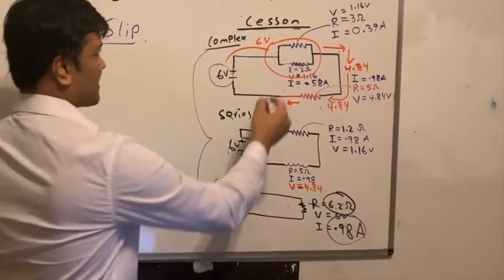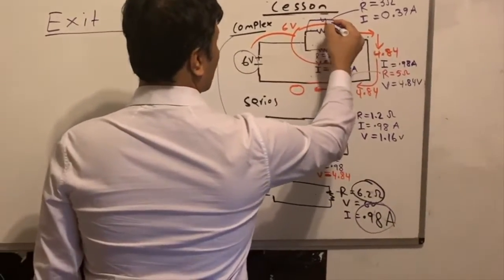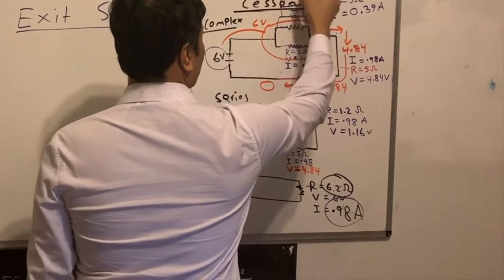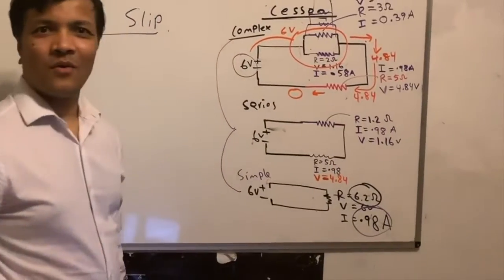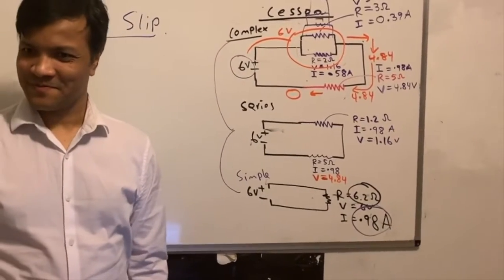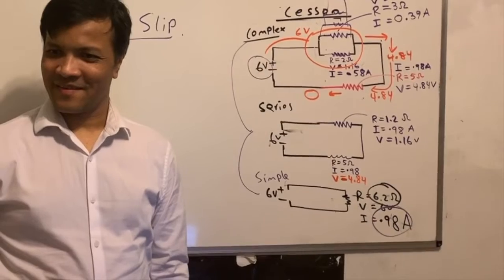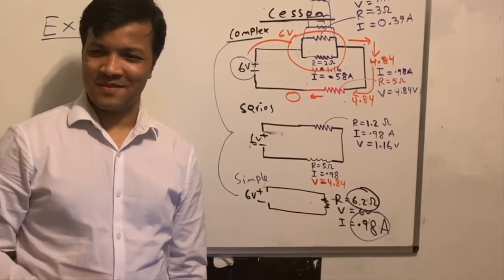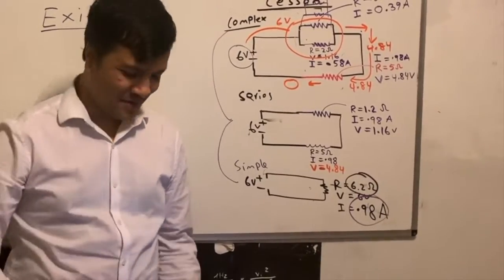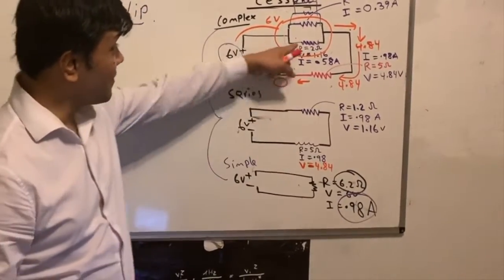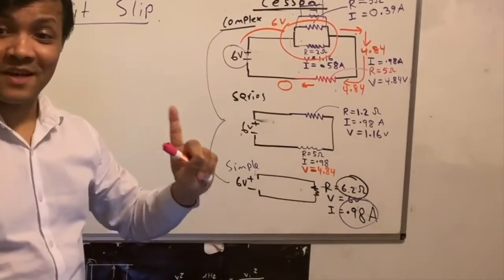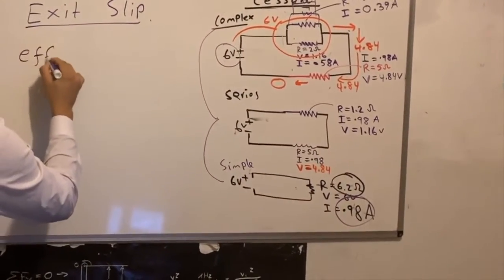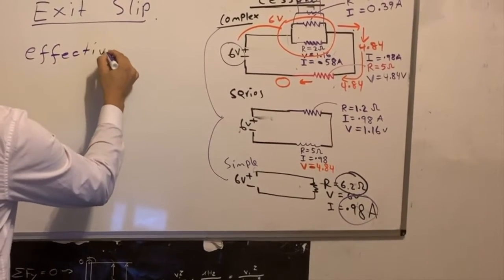If we keep adding 1 ohm resistors, 1 ohm, 1 ohm, say 1,000 times, or infinite times, then what would be the effective resistance?